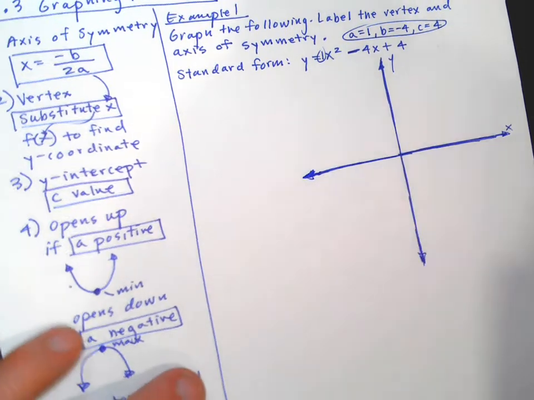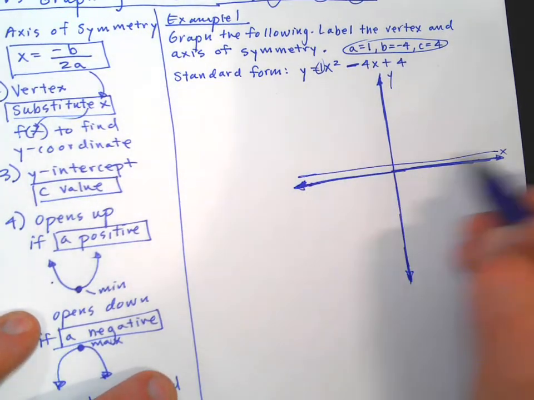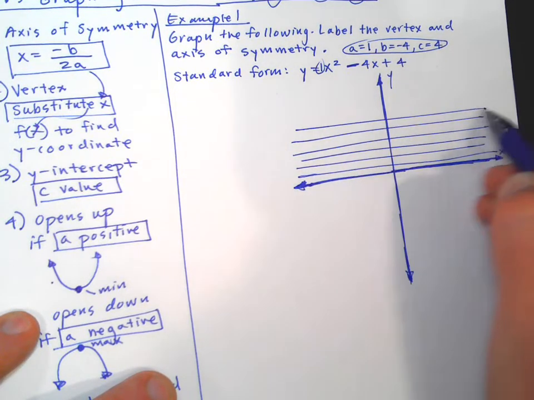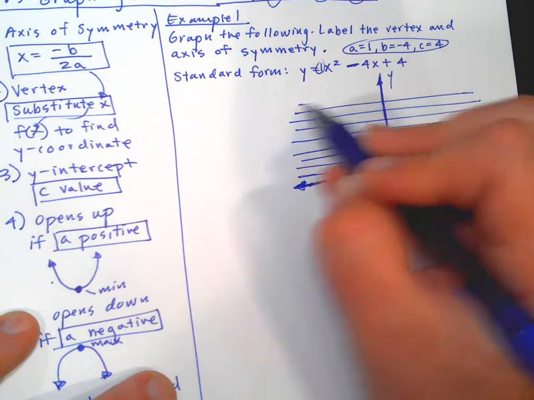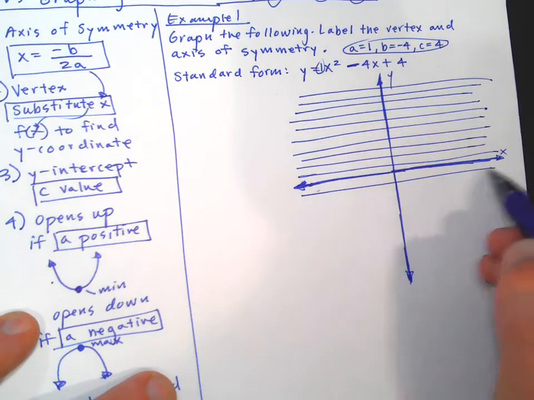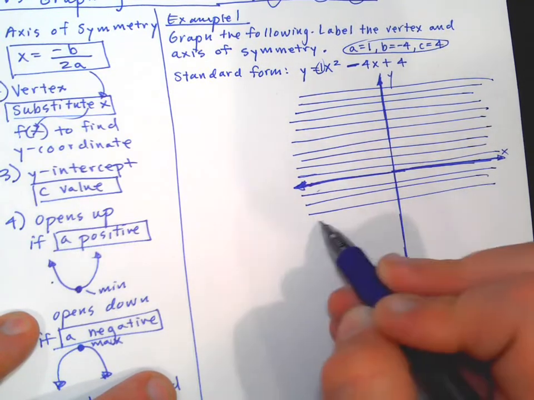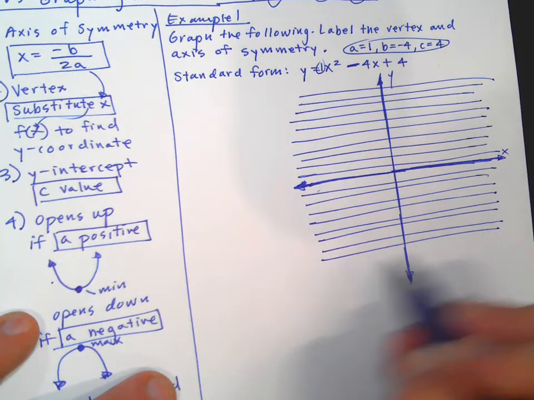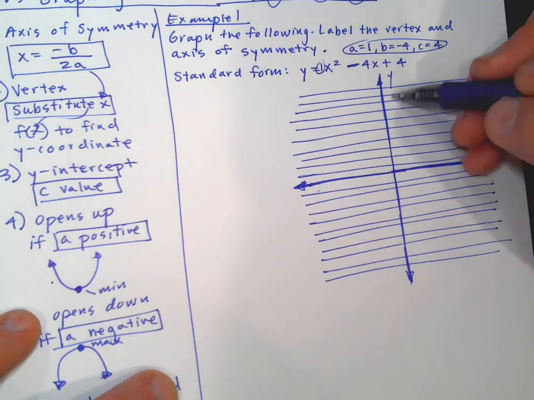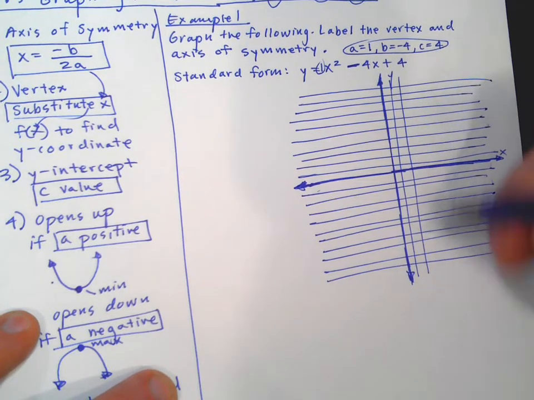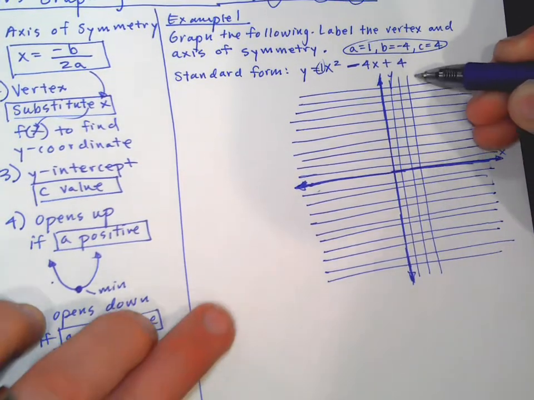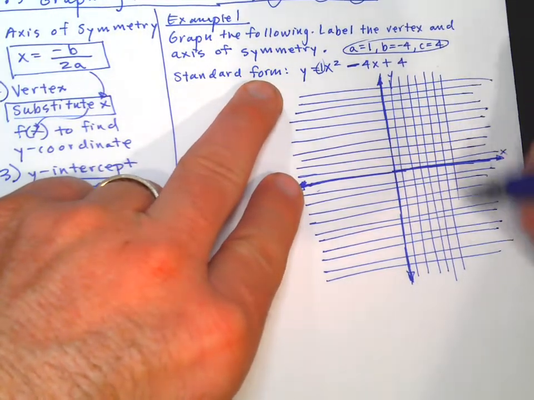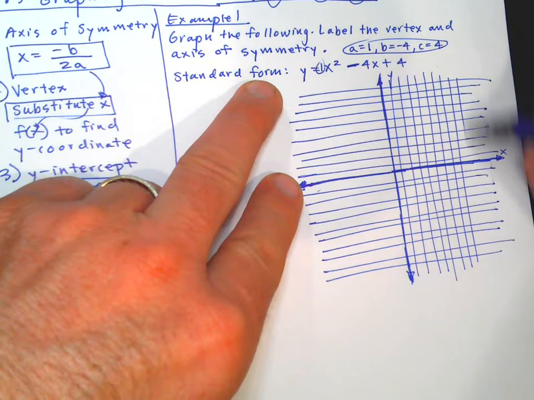But I'm going to actually create my own grid lines. 1, 2, 3, 4, 5, 6, 7, 8, 9, 10.